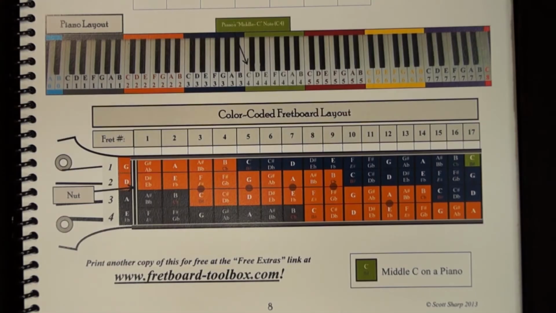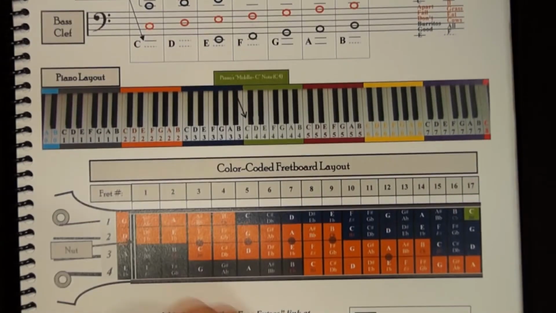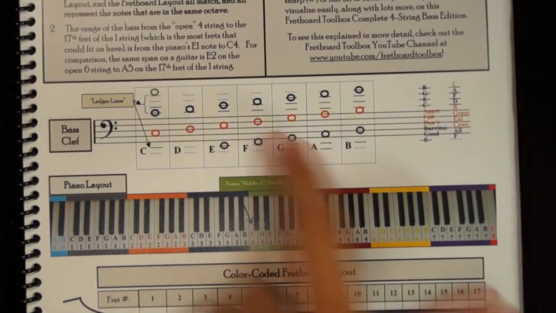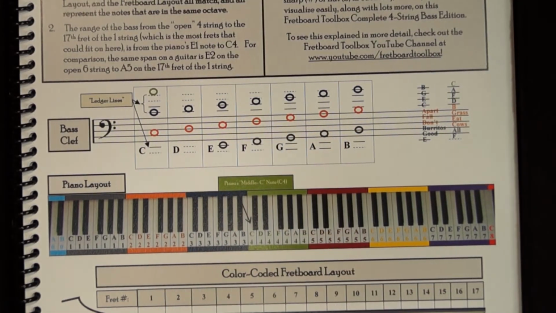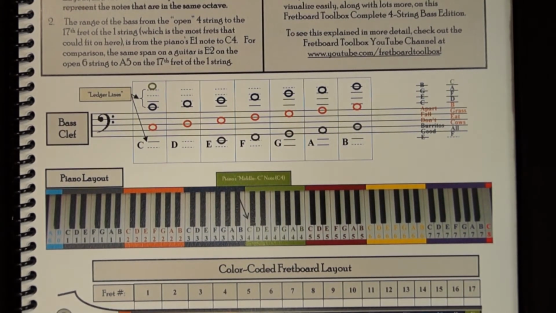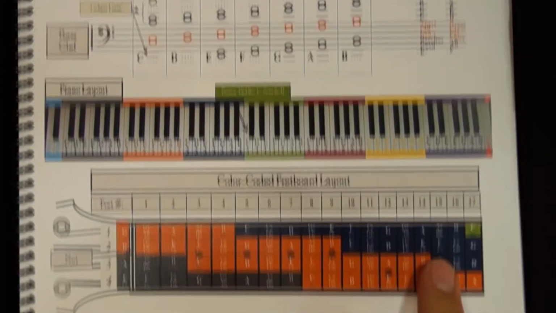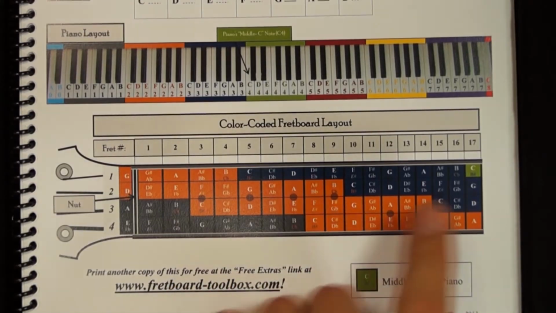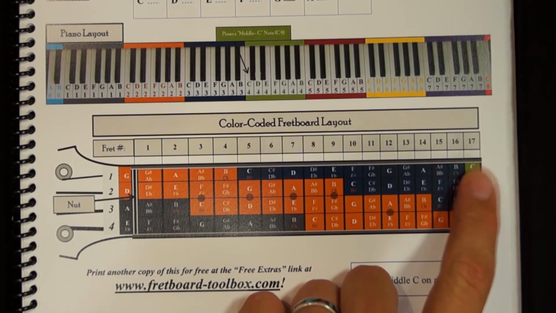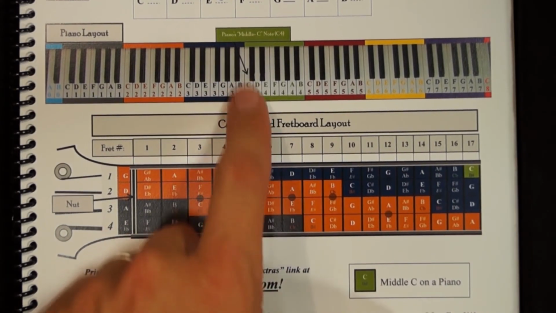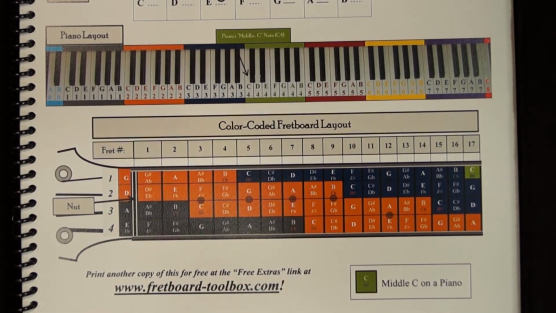And to see where those correspond with notes on the bass clef, you just look up at the top. My books only go up to the 17th fret because that's as far as I could reach, but the 17th fret is this orange C note, which is the same note as middle C on a piano.